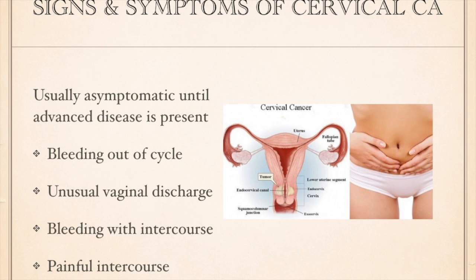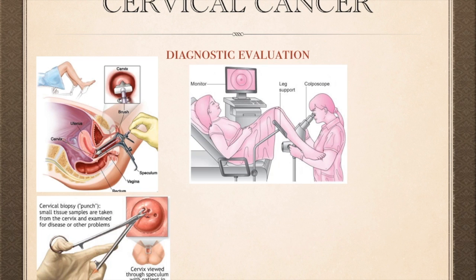She may complain of an unusual vaginal discharge that has an odor, because cancer has a certain odor to it, and it may have an odor of dead tissue. So when we have these changes, first of all, we're going to be doing a pelvic exam no matter what. What will happen is we put in the speculum and we inspect the cervix.